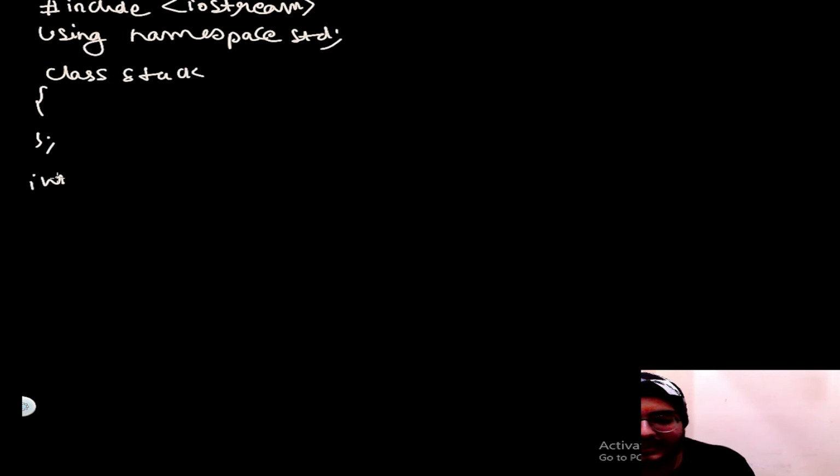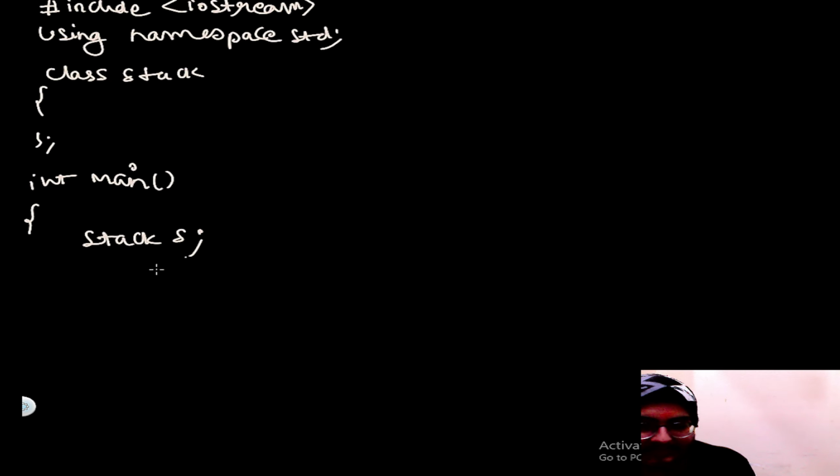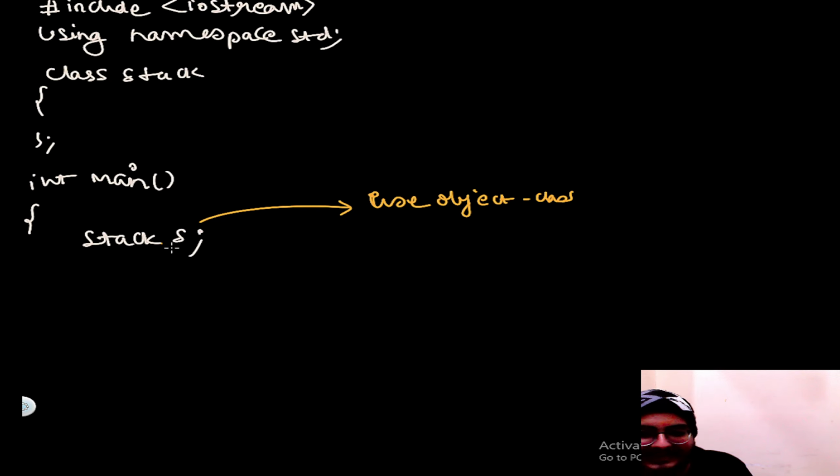Now let's initialize int main. I will say stack s. This is how we use an object and class. My s is the object here and this is the class name.